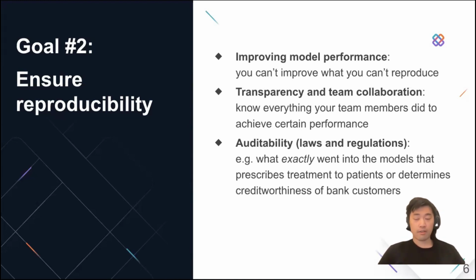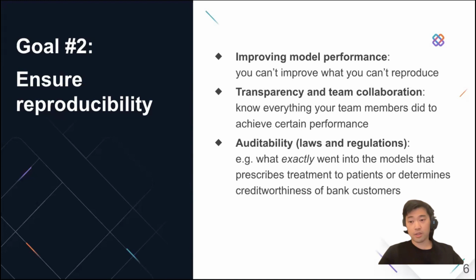And the third point may or may not be applicable depending on the industry that you and your company work in, but that's auditability. That is oftentimes required by laws and regulations.